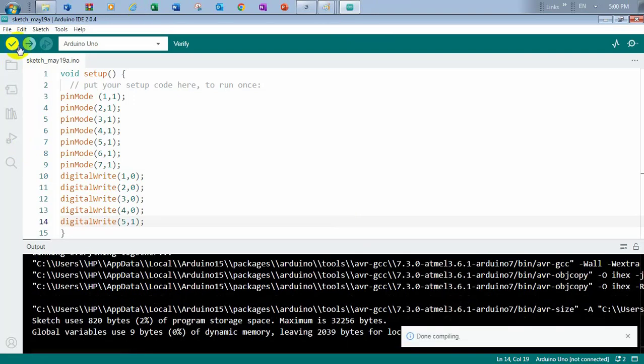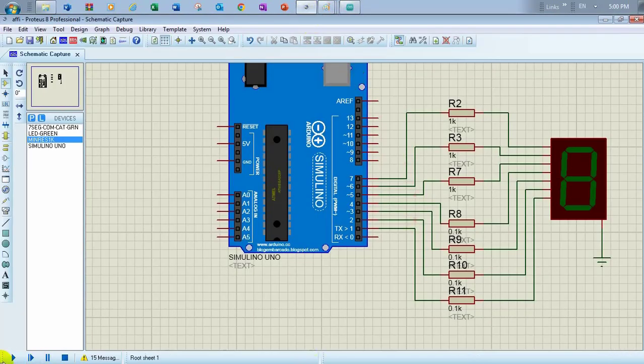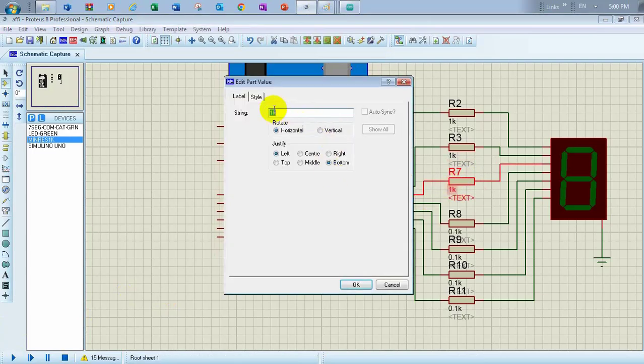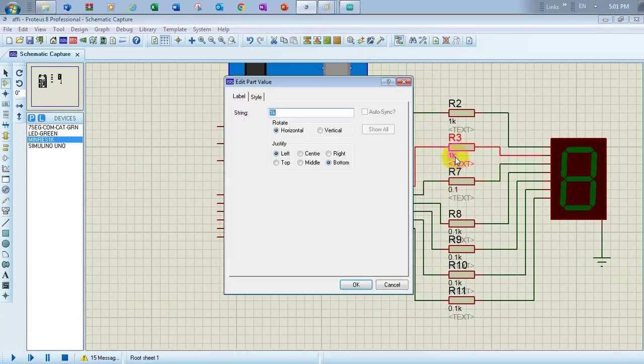So we go here, where the resistors are just 100 ohm.